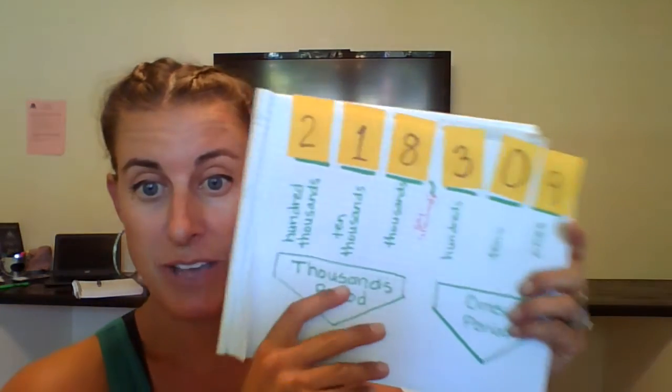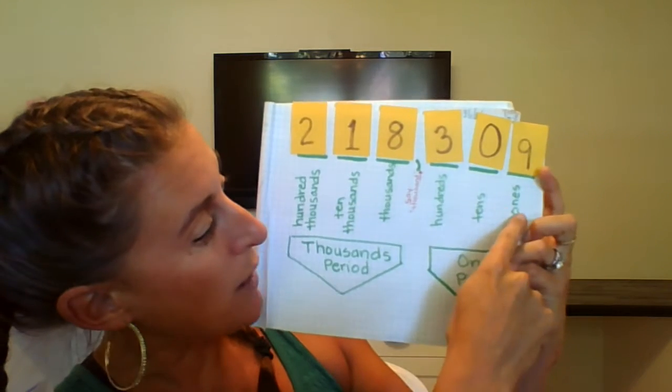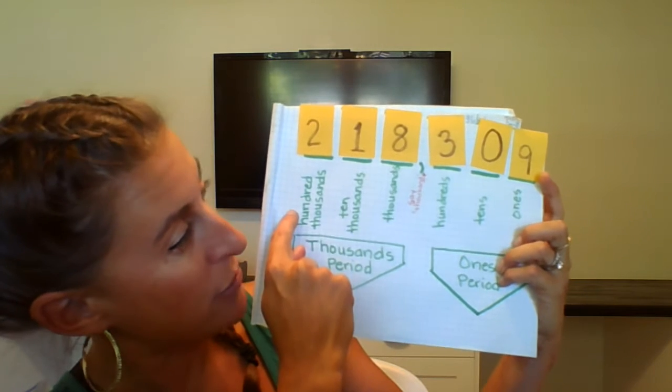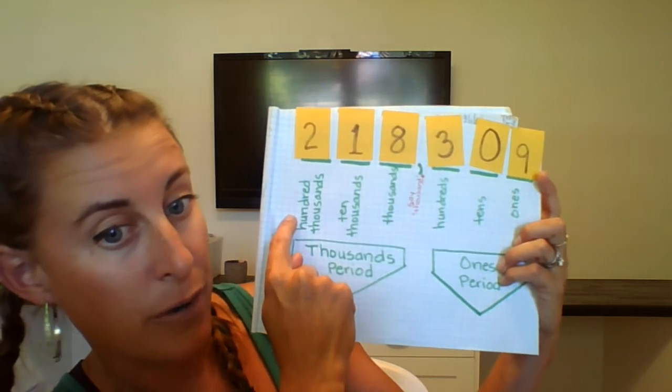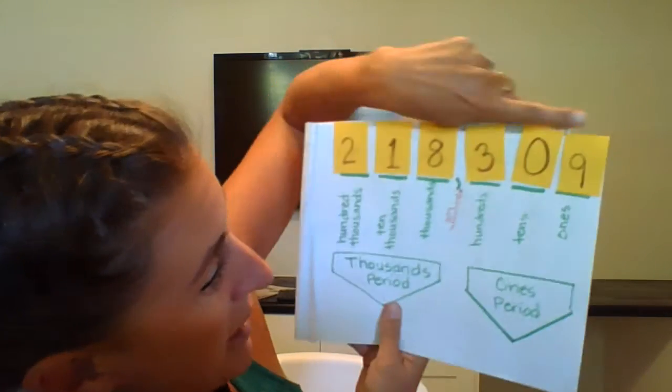Well, today I want to add on something different. Today we're going to take a look at big numbers again. We're going to take a look at their place value. So again, remember we learned that it goes ones, tens, hundreds, thousands, 10,000s, 100,000s when we're building a number. And then we read that number left to right.